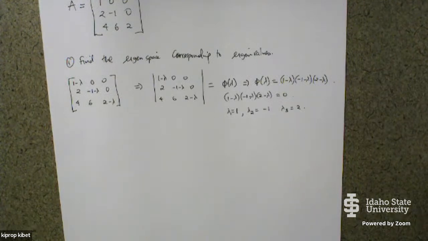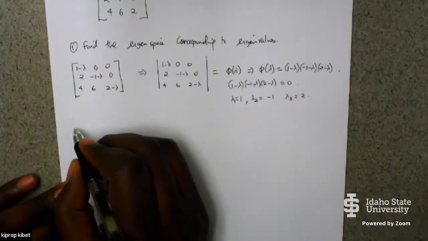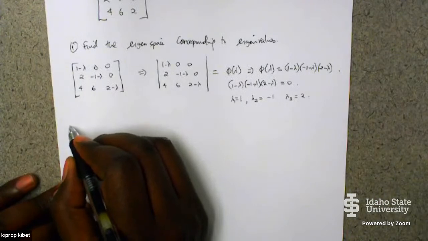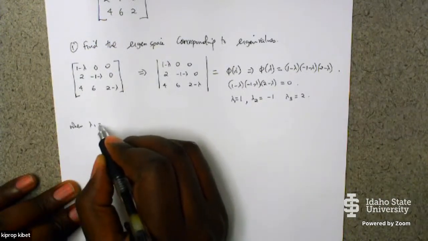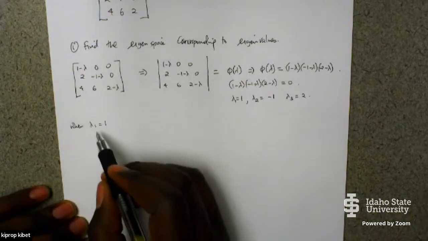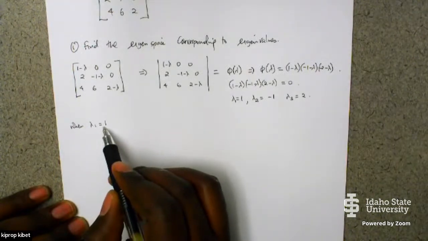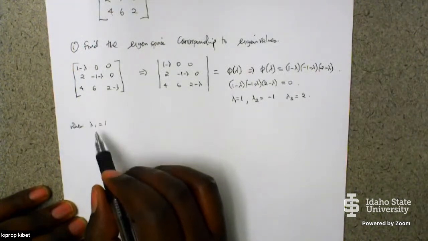So we now have the eigenvalues. Now let's get the eigenspaces corresponding to the eigenvalues. Let's start from the first one, when lambda 1 equals 1.